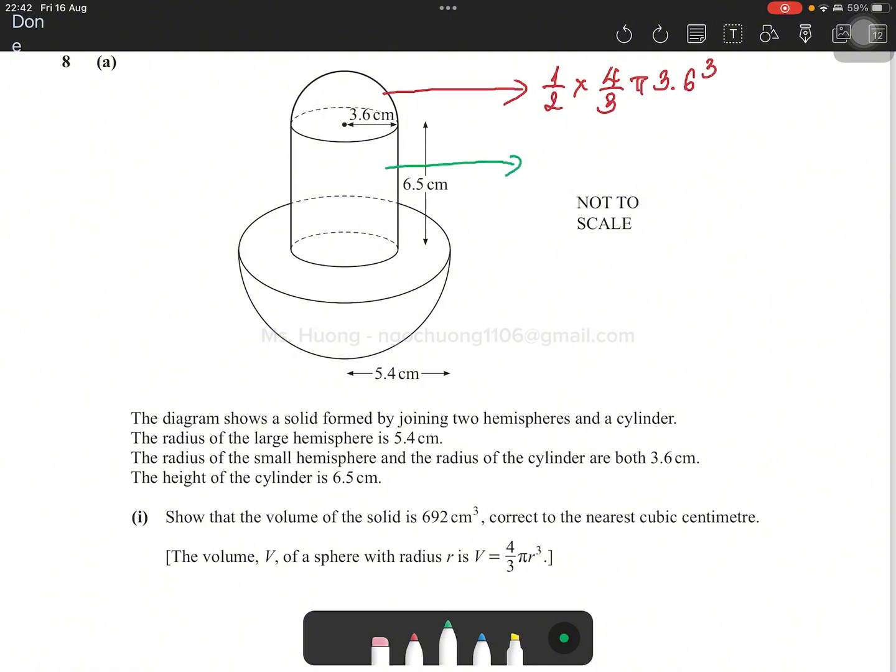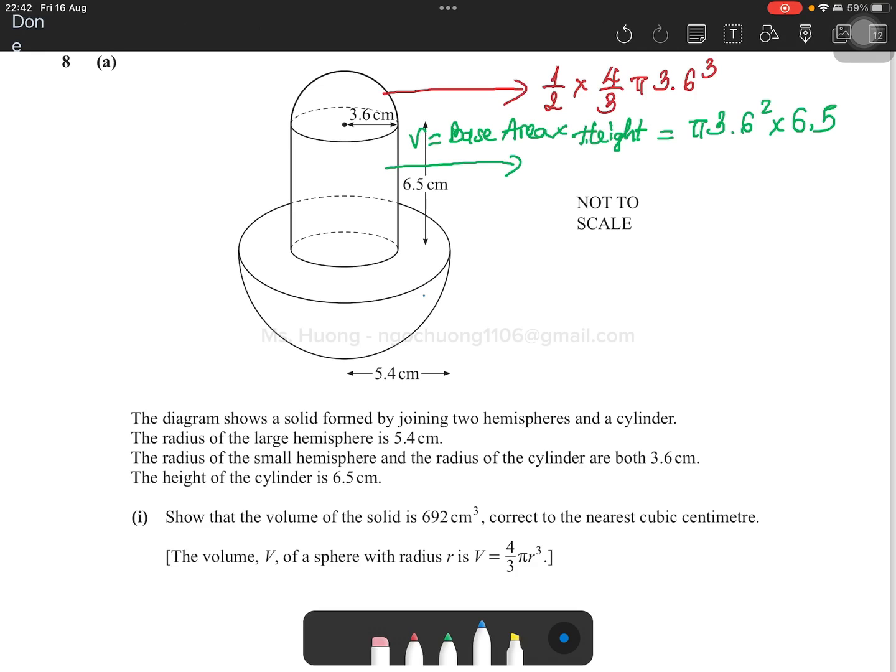For the cylinder, the volume is base area times the height. So base area is pi r squared. The radius is 3.6 times the height. The height is 6.5. So that is the second volume.